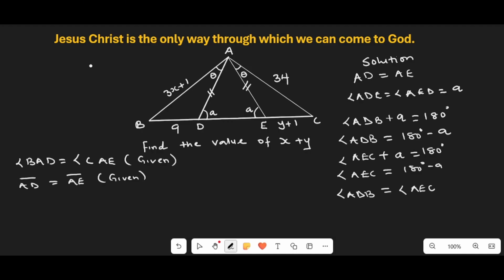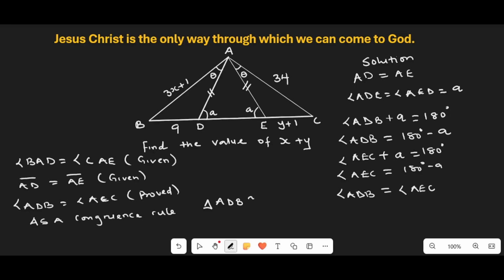We have shown that angle ADB equals angle AEC. Proved. Now, using the angle side angle congruence rule, we can say that triangle ADB is congruent to triangle AEC.